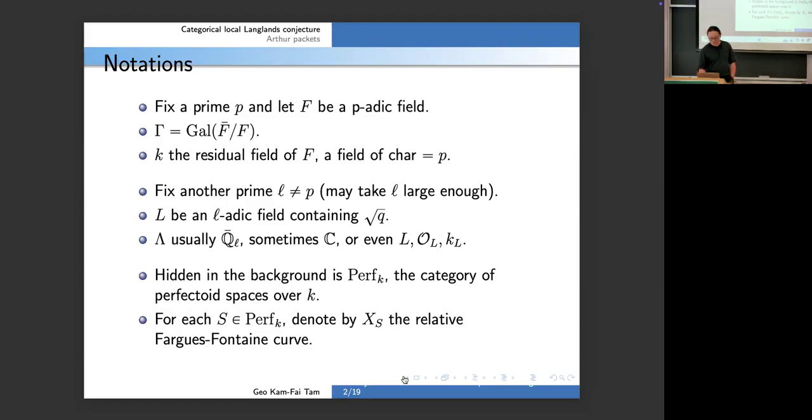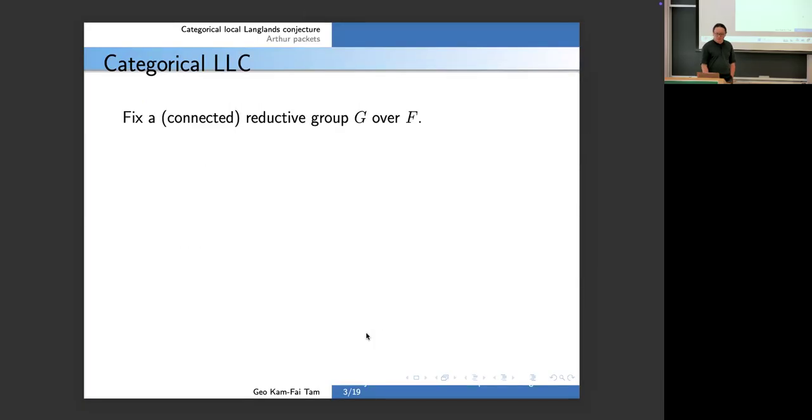Maybe I will talk a little bit about this curve, but for now all these are in the background. So I will just state the statement about the conjecture, the categorical local Langlands conjecture.